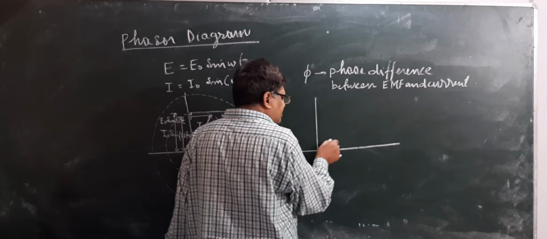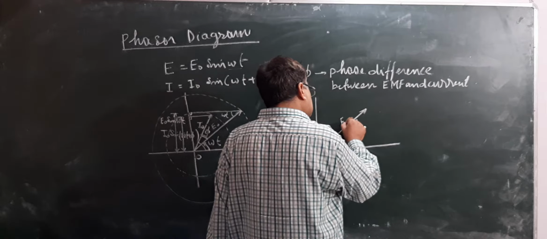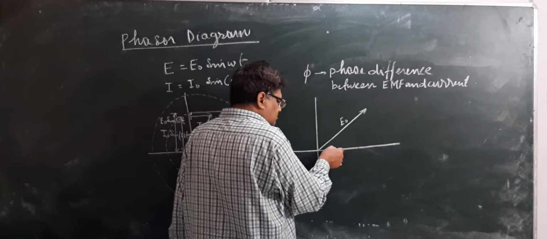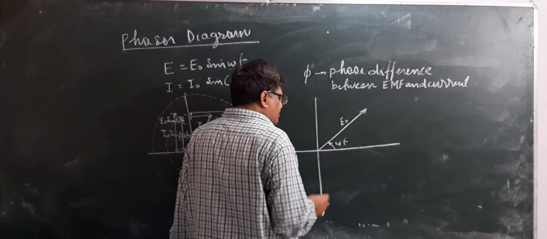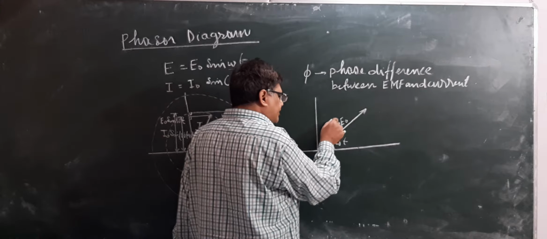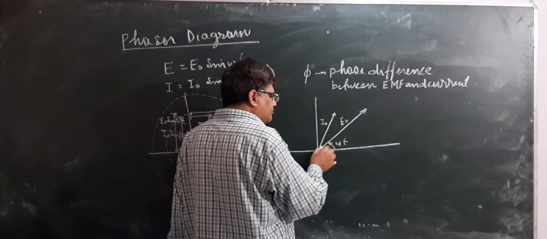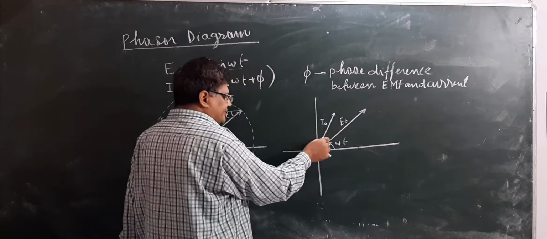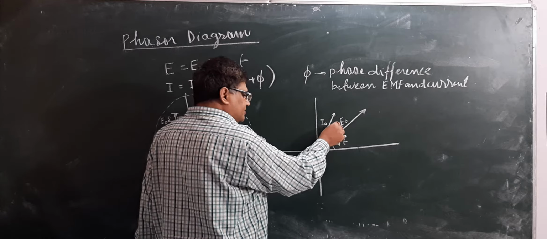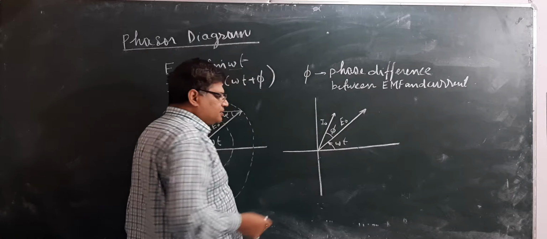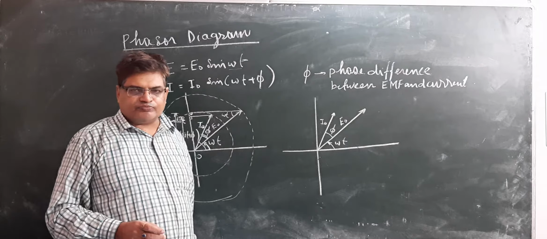Now here suppose we represent the vector, that is E naught, and this is omega t, and we can draw I naught over here, and the phase angle between the EMF and the current is phi. It can be drawn simply like this. This will also be called a phasor diagram.